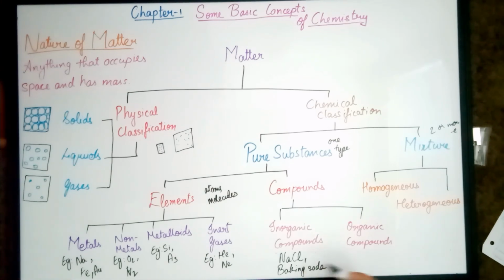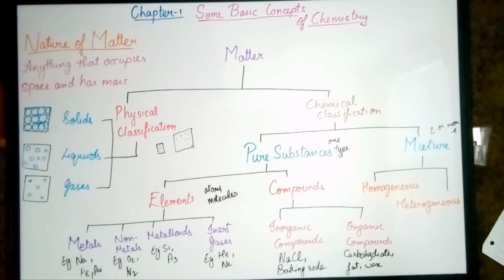All of these are inorganic compounds, whereas organic compounds are the ones which are obtained from living organisms. Examples could be carbohydrates, fat, wax, etc. So inorganic compounds are not obtained from living organisms, and organic compounds are obtained from living organisms.